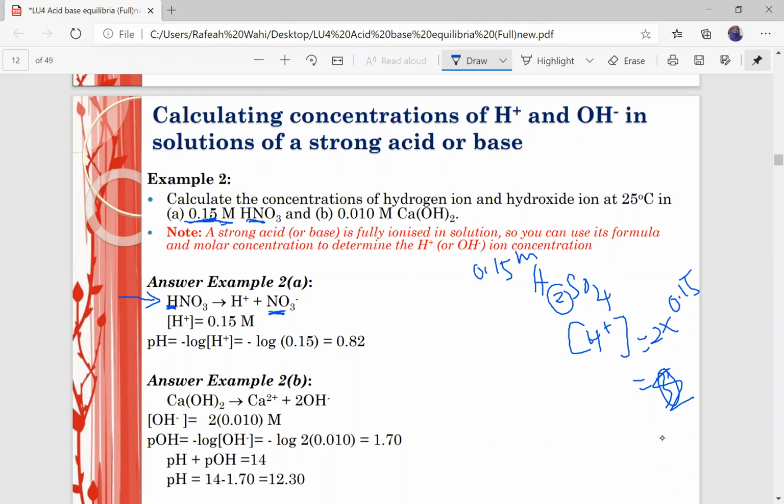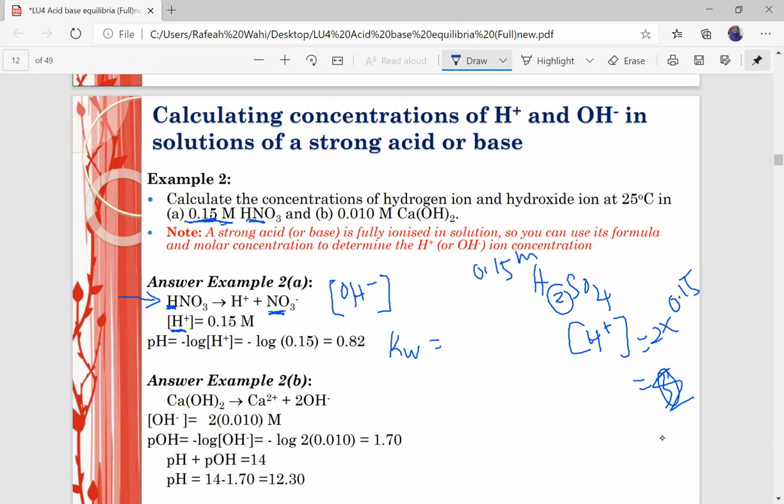So this is also the concentration of the H plus ion. So you're done calculating the H plus ion concentration in nitric acid. Now you need to calculate the hydroxide ion concentration. How do you calculate it? It is based on the equation just now.